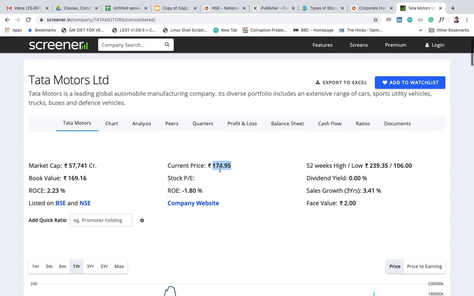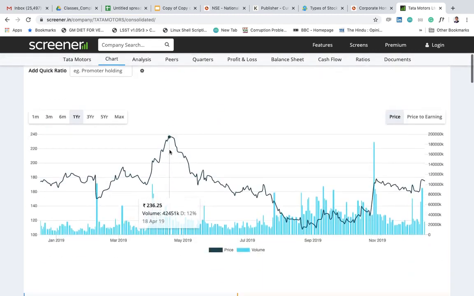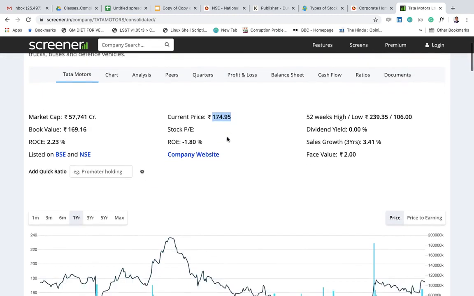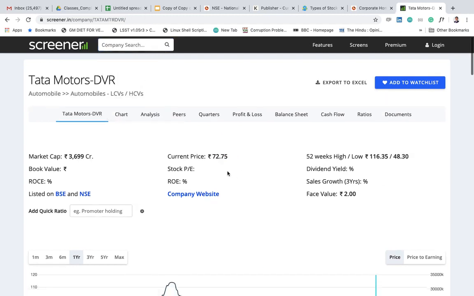The price of this company should have actually been 350 rupees or 240 rupees, but it is right now 174 rupees, and that's why it is undervalued. One can certainly say for Tata Motors DVR that okay, we got a company whose normal share is trading at 175 and DVR share is trading at 72, and I don't find a reason why it should trade at 72. I can 100% tell that Tata Motors DVR is an undervalued stock.